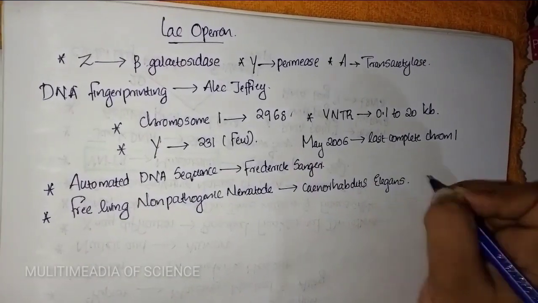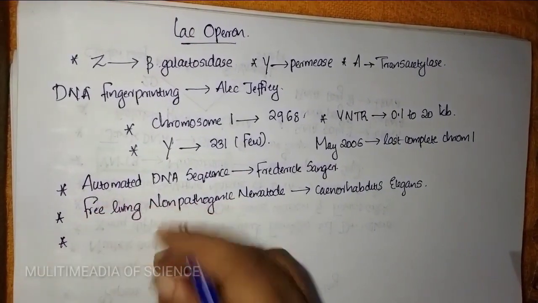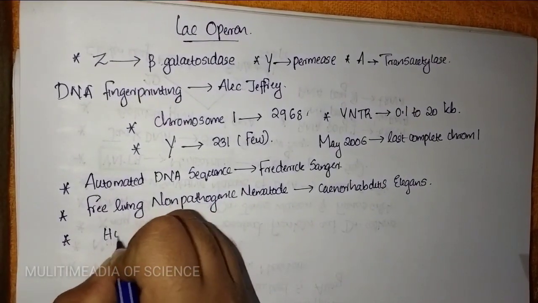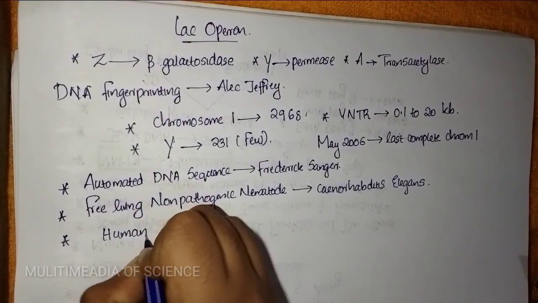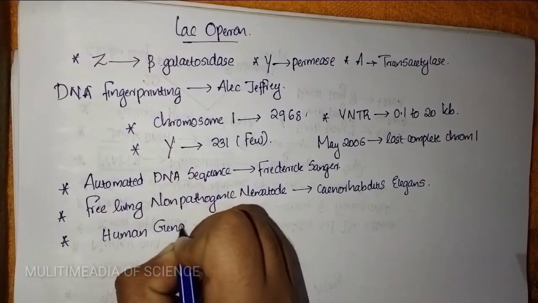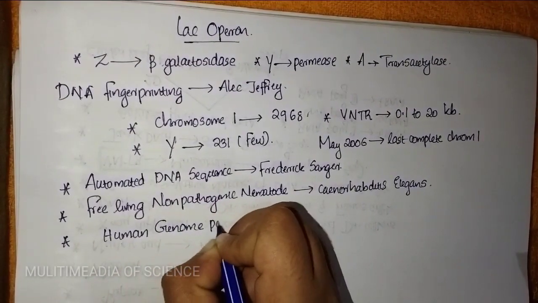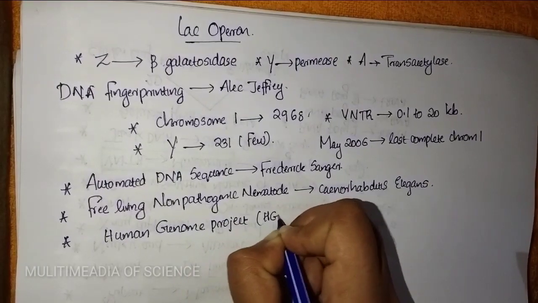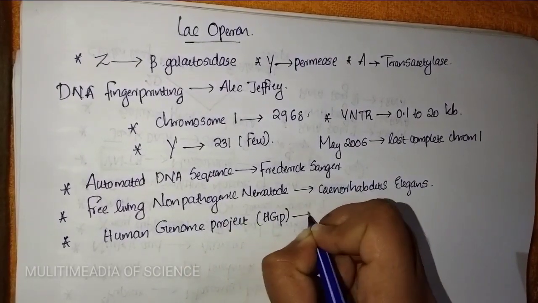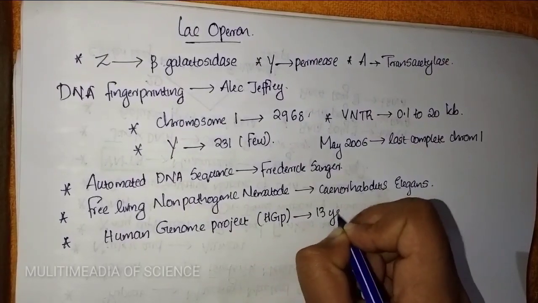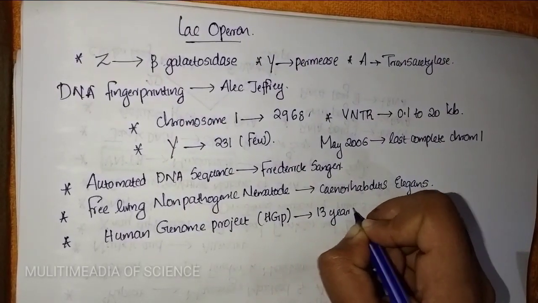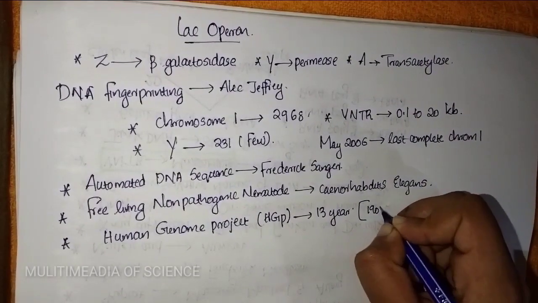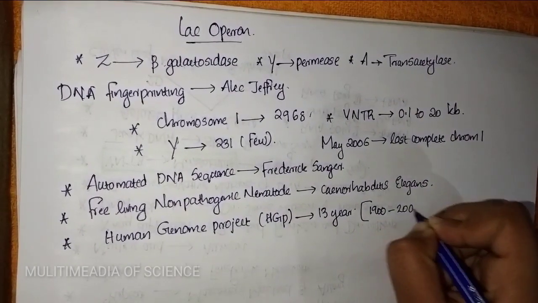Then the last point in this video is the Human Genome Project. What is the short form? HGP, and it is a 13-year project, from 1990 to 2003.